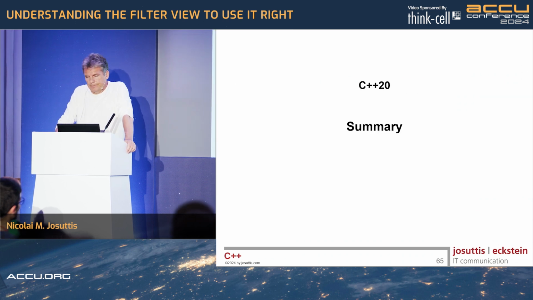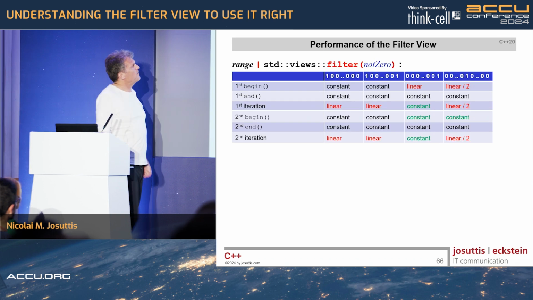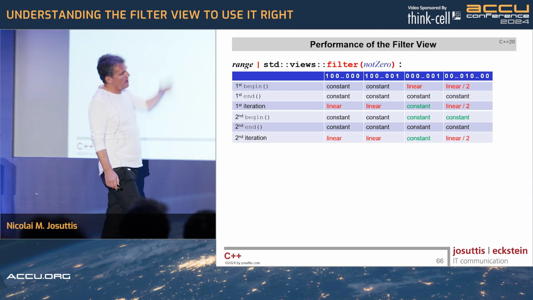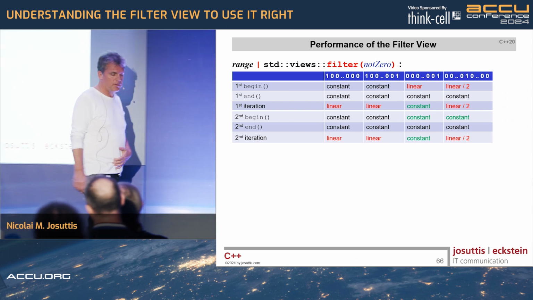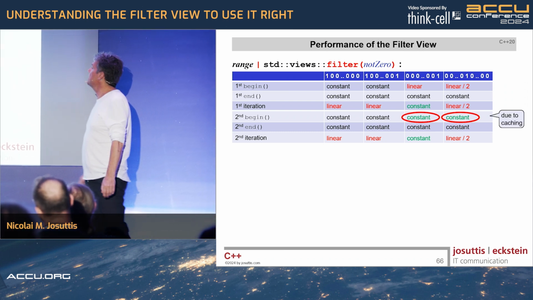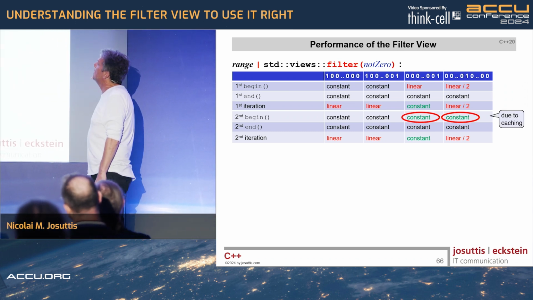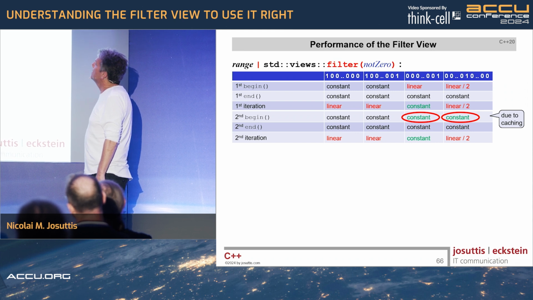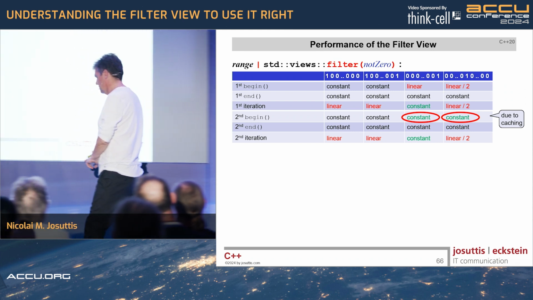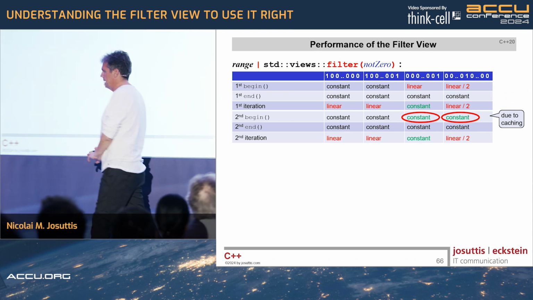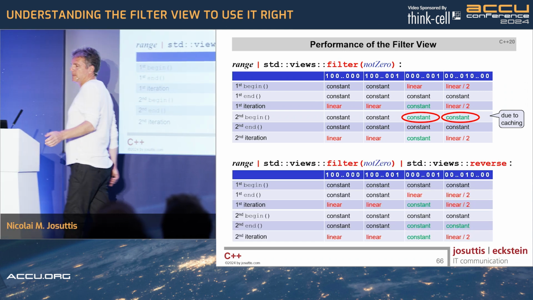Good. Summary. So we have seen that we have interesting behavior regarding caching in a filter view. And we saw some of them mean that especially for hashing the second begin, which means also the second front or empty call, are optimized.